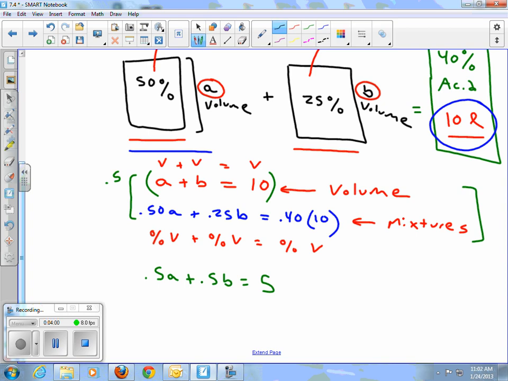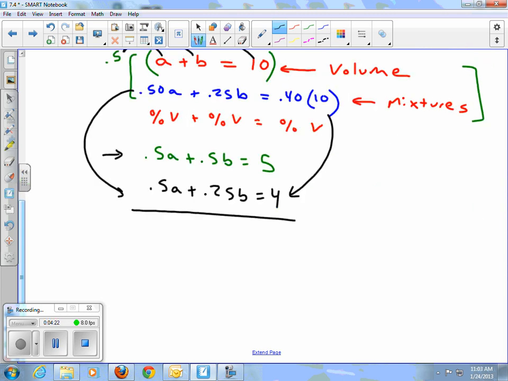A common mistake is forgetting to multiply everything in this equation by 0.5. So this creates a new equation. This, along with the remaining equation, 0.5a plus 0.25b equals 0.4 times 10, or 40% of 10, which is just 4.